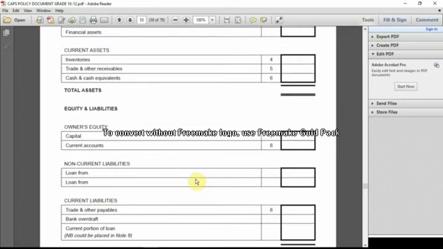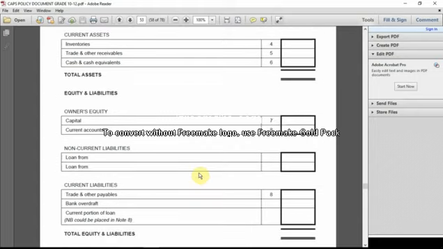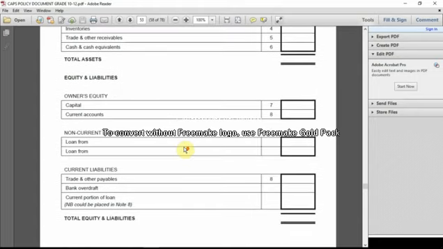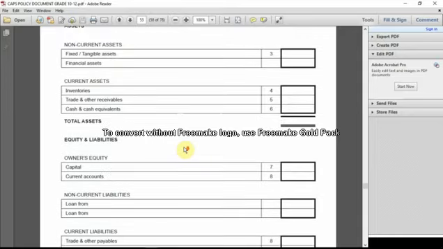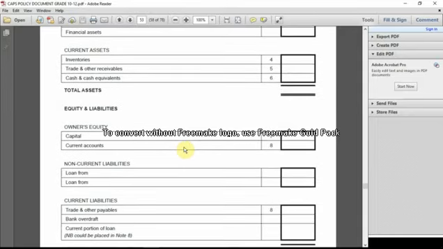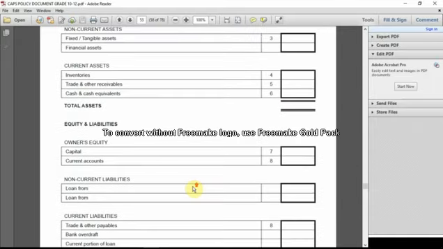Then SARS might be interested in the financial statements. Actually, not that much for a partnership. They are mostly interested in companies.